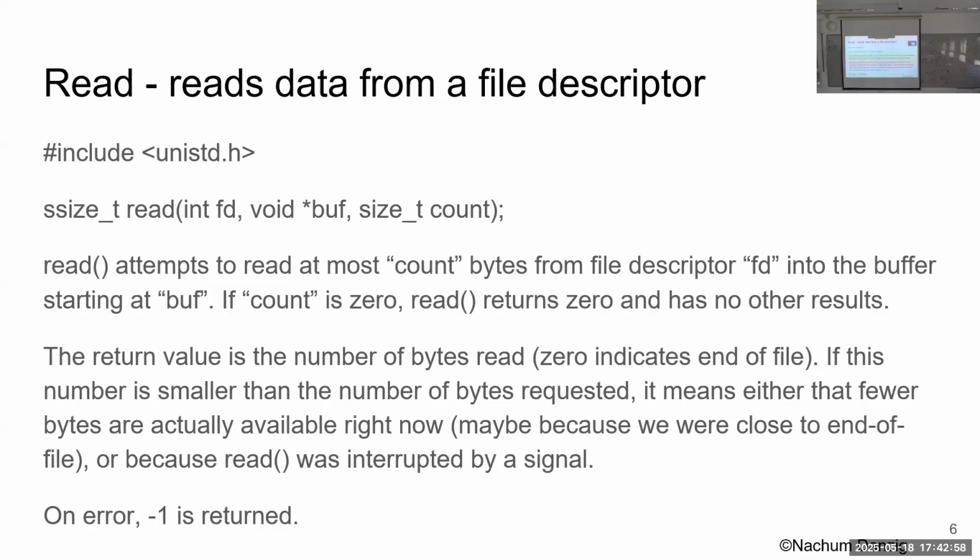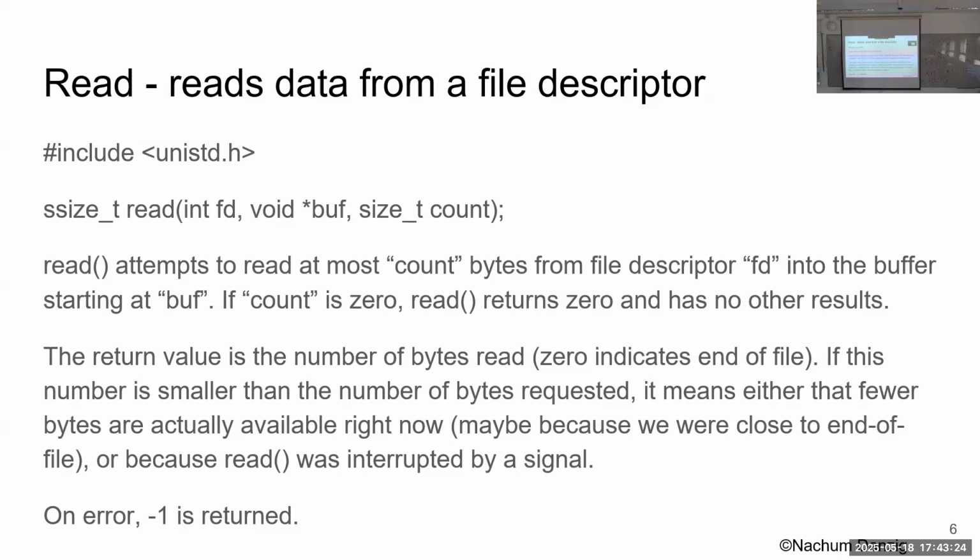The return value is the number of bytes read. This return value is size_t, or ssize_t. Just think of it as an integer. What is that integer? That integer is how much it read. So if you asked for 100, it could return 50. What does it mean? It means it got to the end of the file after 50 characters.